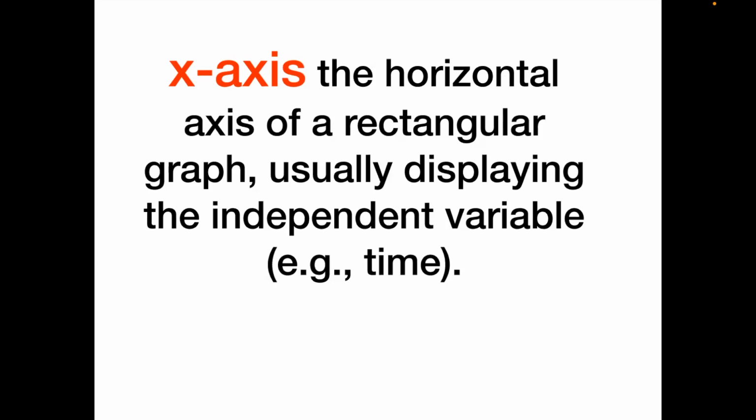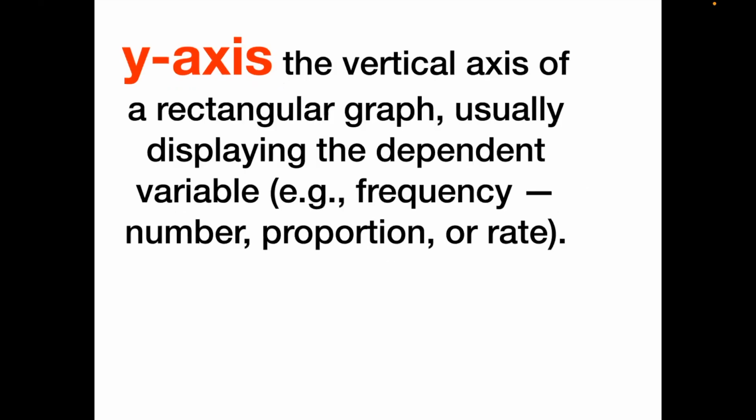Whenever you have a rectangular graph, horizontal is x, and it displays independent variables such as time. The y-axis is the vertical axis, and the dependent variables are on the y-axis.